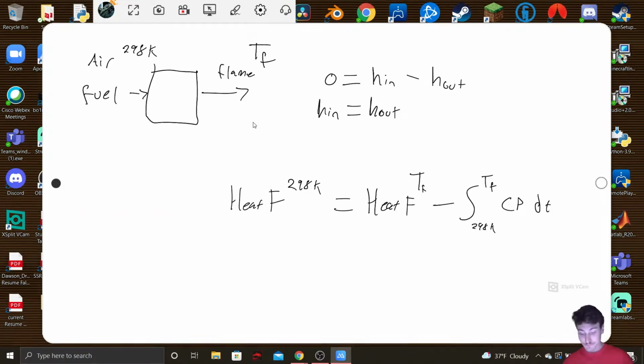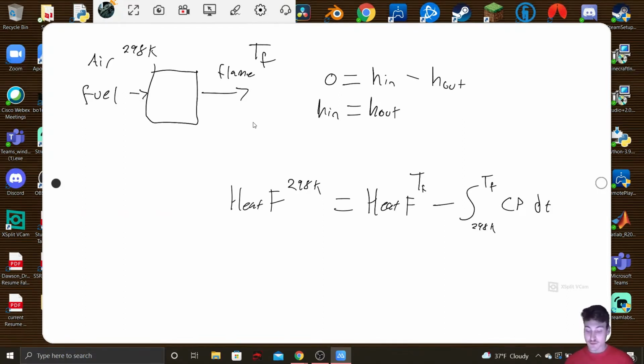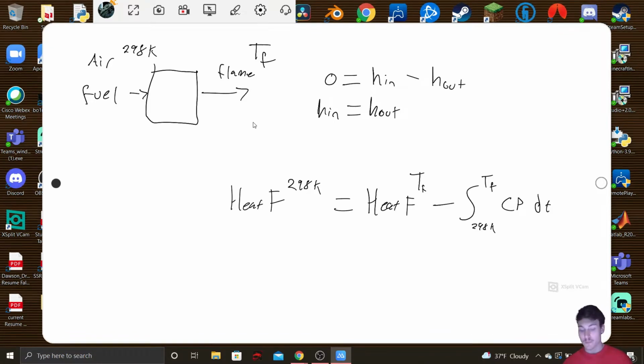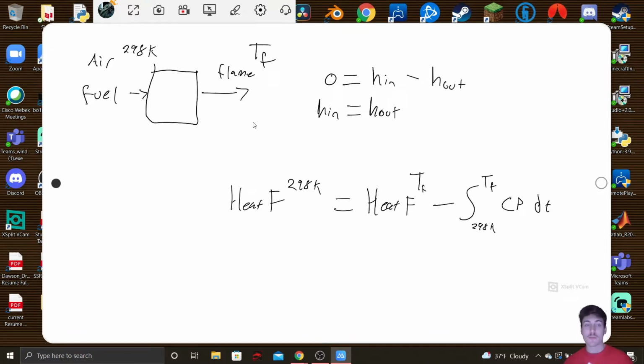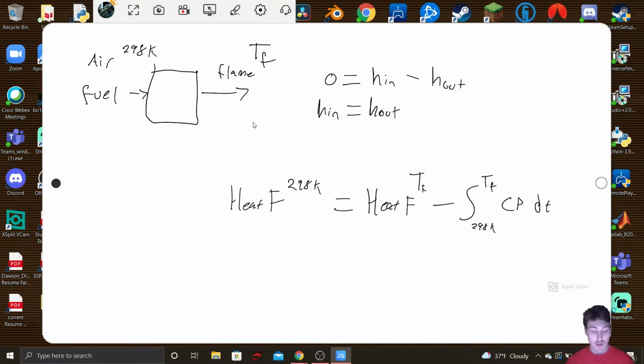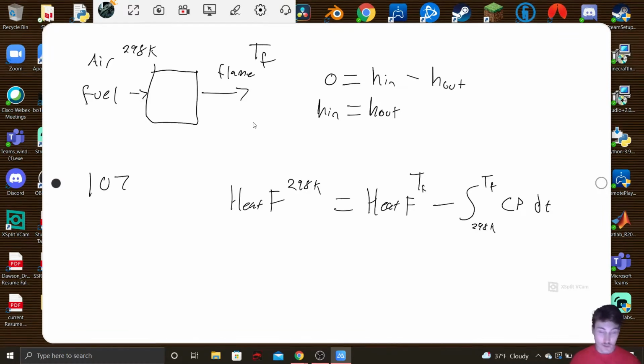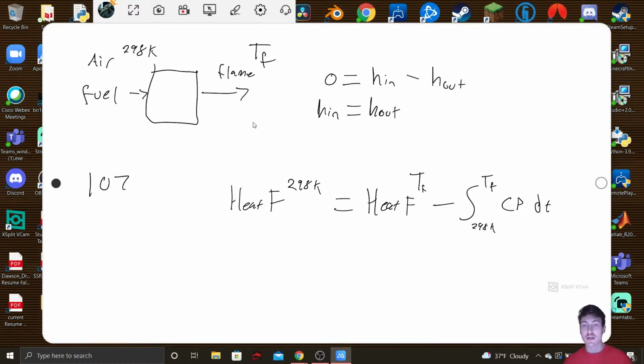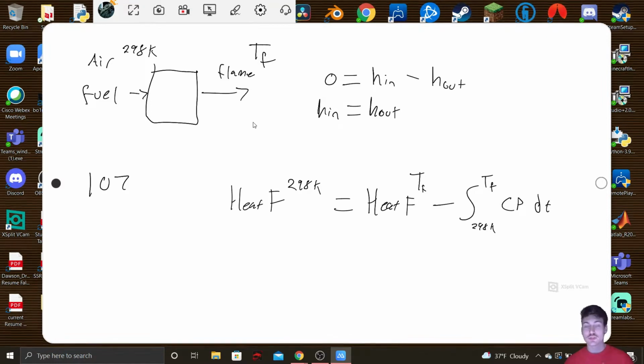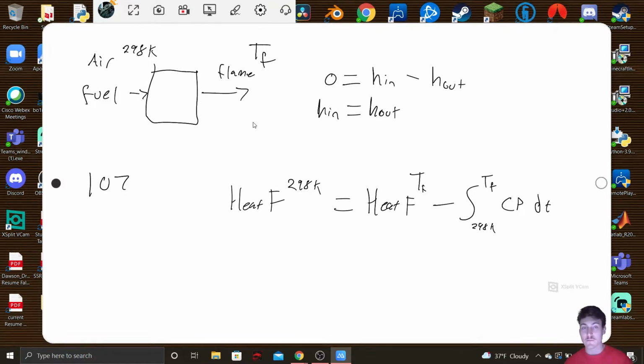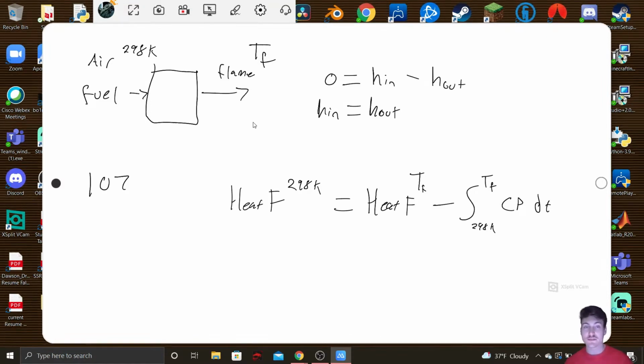So for the integration of this specific heat capacity, there's an equation in ChemCAD. It's equation 107, and it is used for the specific heat of different gases with different constants, and we have those constants.